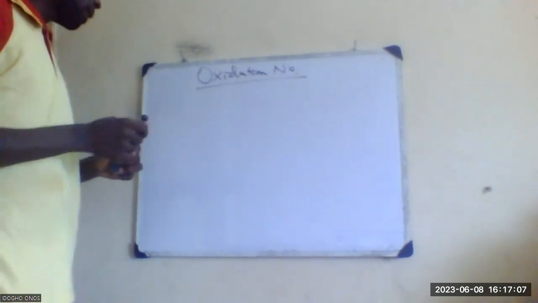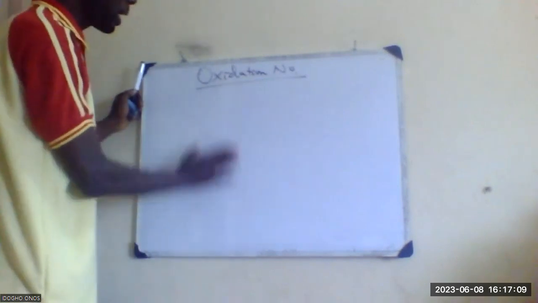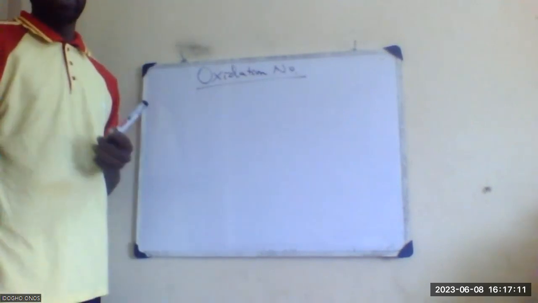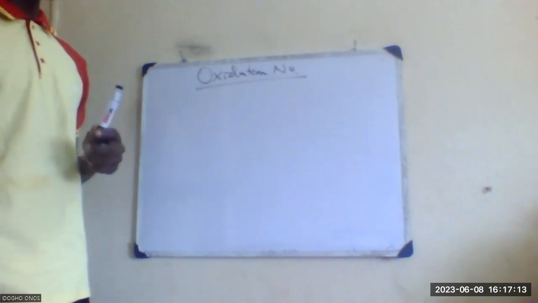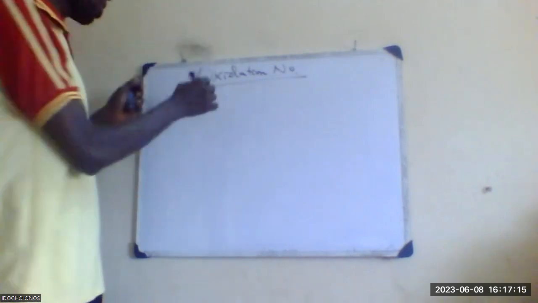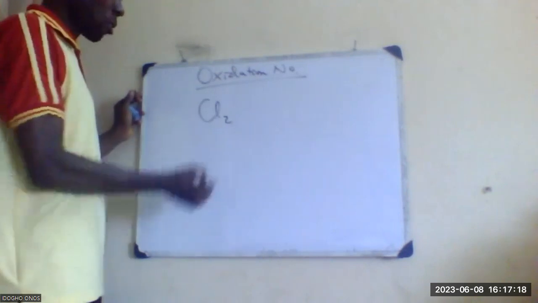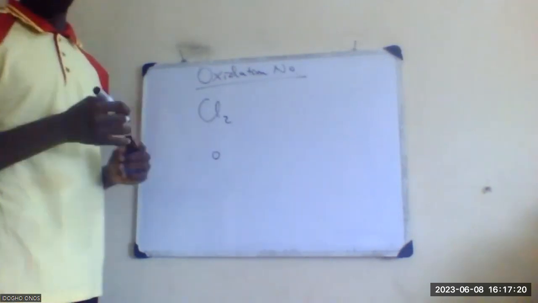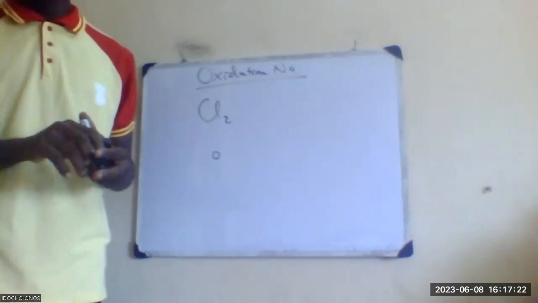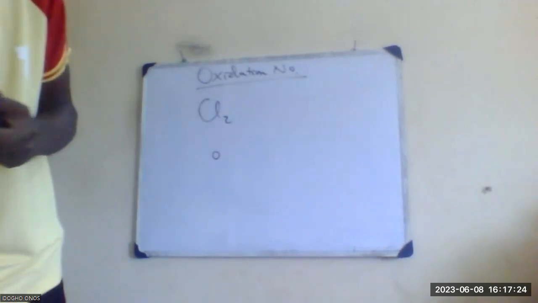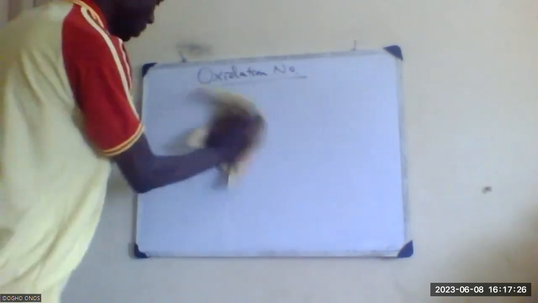Then one more again, oxidation number of free elements is always 0. Oxidation number of a free element is always 0. Say, for example, I have Cl2. Oxidation number is 0 because it's a free element. It is not combined. Is that taken? Yes, sir. Okay.